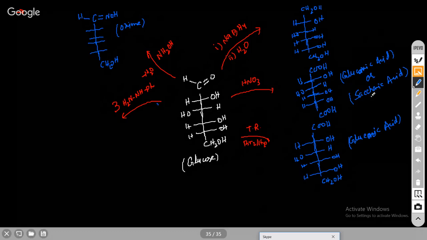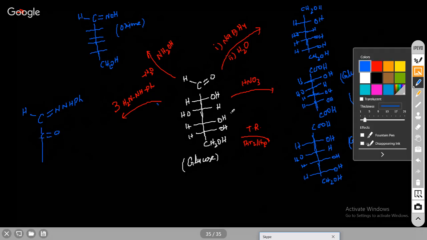When you take 3 moles of phenylhydrazine, the product that you get here is this, C double bond N, NHPh.